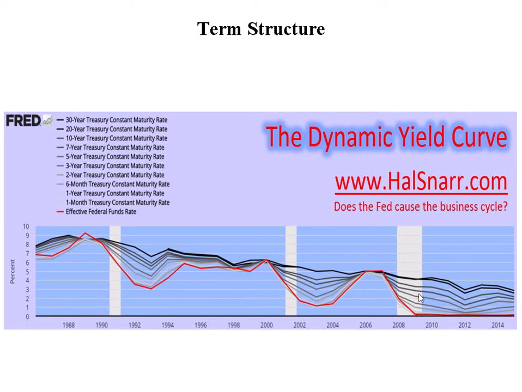So this graph indicates that maybe the Fed is the thing that is squeezing interest rates, causing a recession. And then to counter the effects of the recession, it is pulling the interest rates apart to steepen the yield curve.